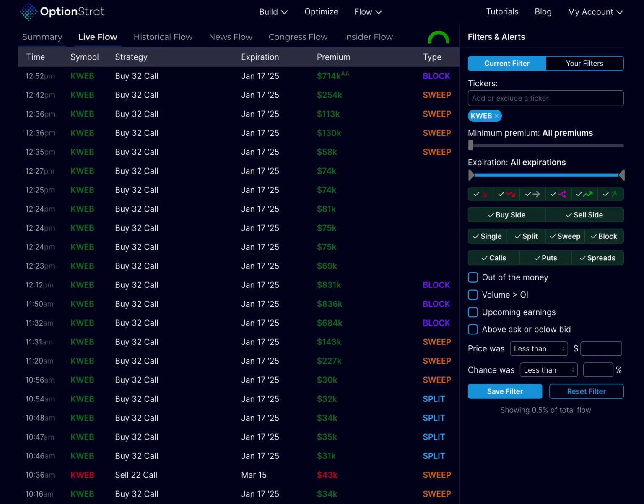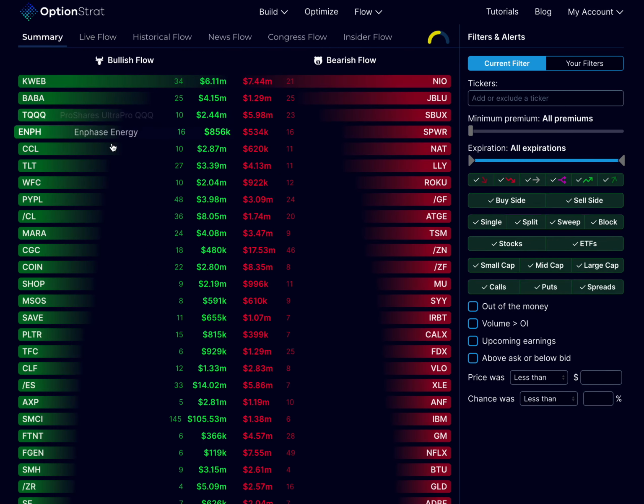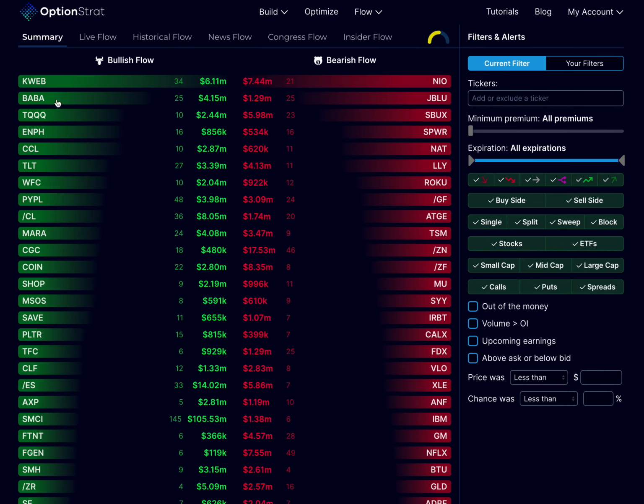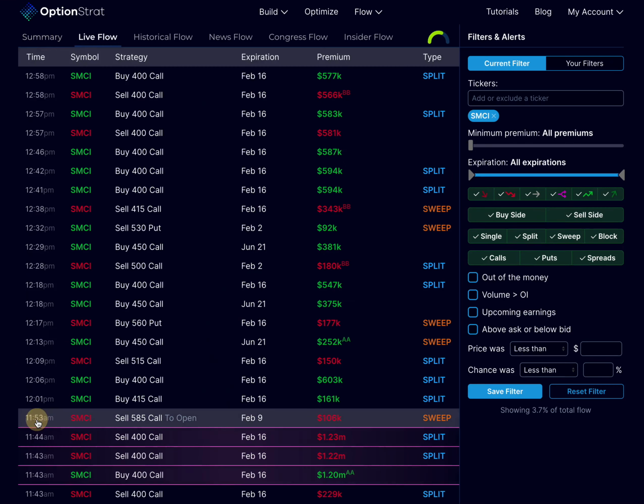So let's come back to summary a second, just kind of go down through these. And I see there's a lot of activity here on this one, $105 million worth. But again, when we looked at KWEB, we can see that was showing up very bullish. Just for comparison purposes, let's come down, look at this one, and we can see it's showing bullish, but it's not showing very bullish, okay?